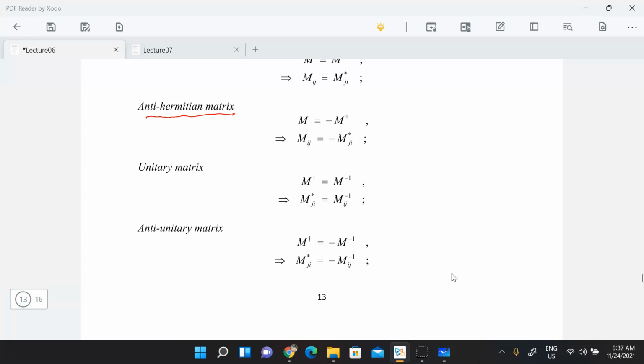If your M dagger equals the M inverse, okay, in terms of elements it's given here, but it's not so important. But the main thing is if you remember this, then this is referring to what we call a unitary matrix.